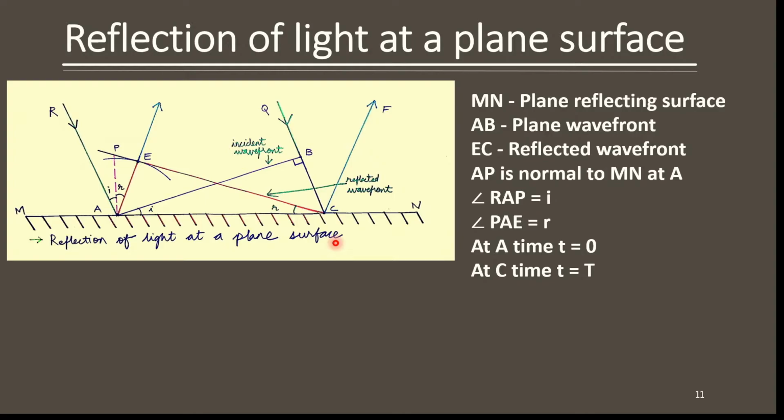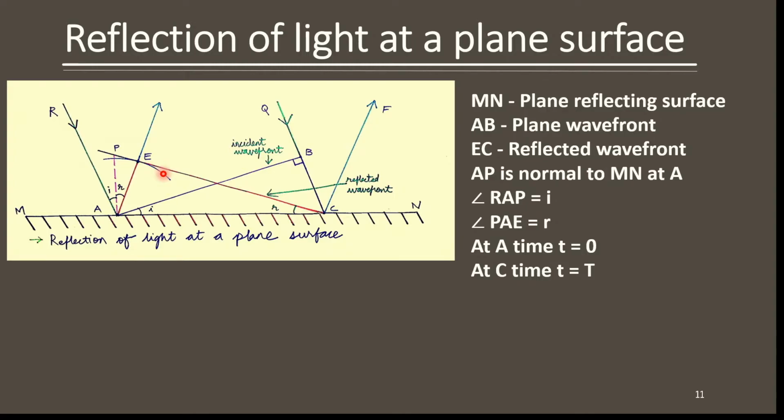According to Huygens' principle, as soon as the wavefront reaches A, it becomes a secondary source and starts emitting secondary wavelets in the form of hemispheres.